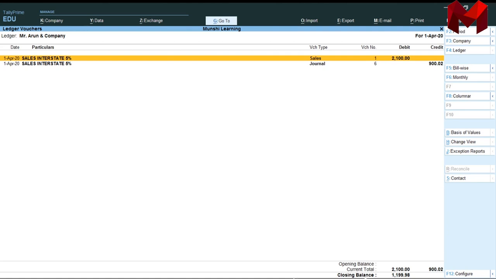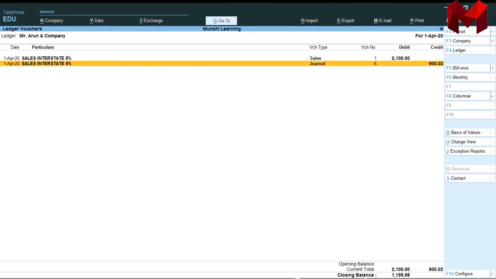Now I wanted to reduce this amount, I have charged an extra amount on the bill, and Mr. Arun has given me the note for that. I have entered the credit note against my sale. Now 900 rupees was reduced from Mr. Arun's account. Now Mr. Arun is liable to pay only 1199 rupees. This is how the debit credit notes work.